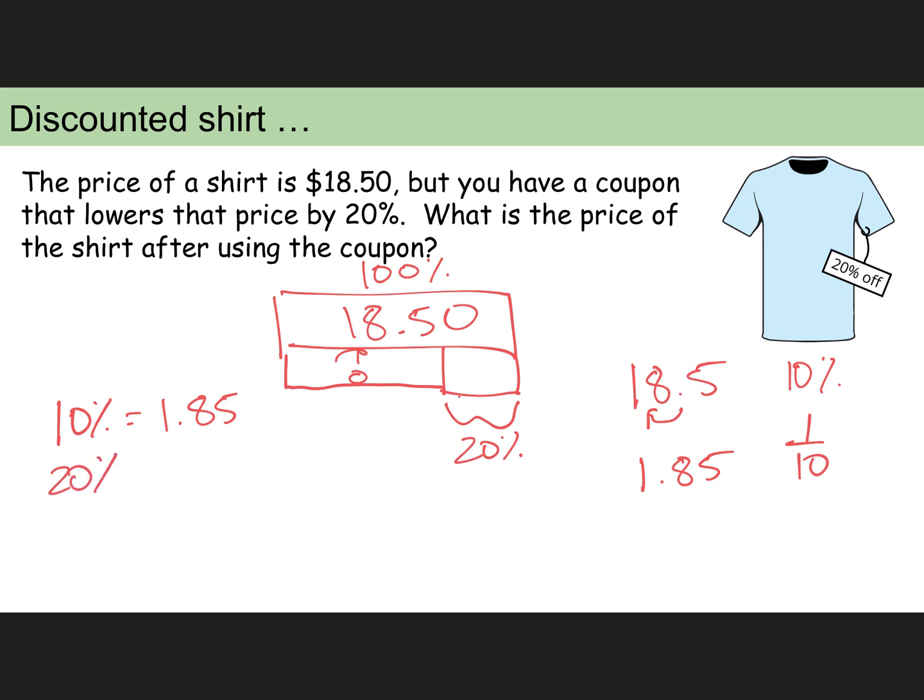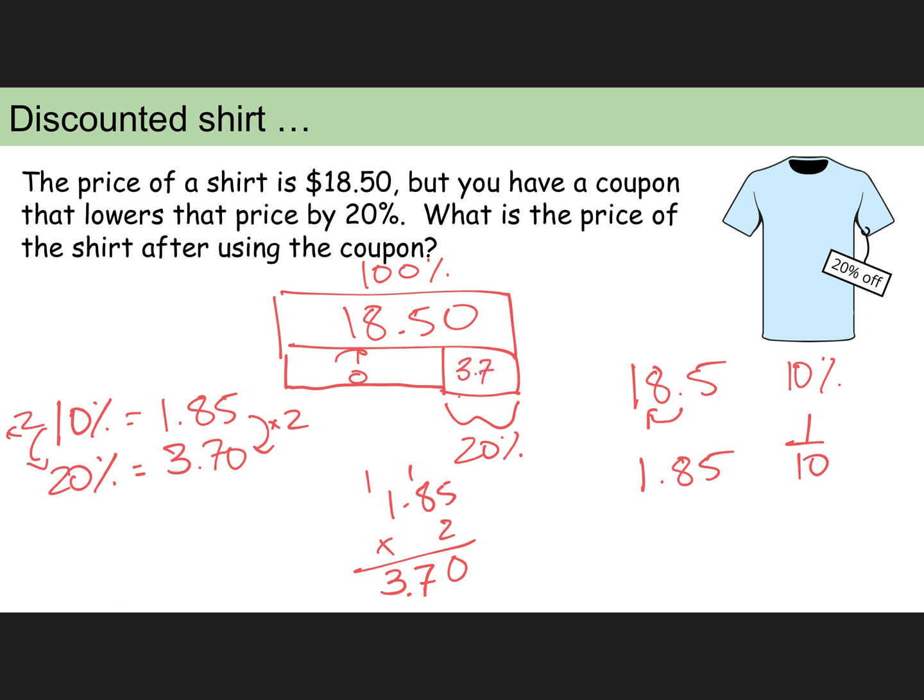So 20% would then be just double that, 1.85 times 2. 2 times 5 is 10. 2 times 8 is 16, plus 1 is 17. 2 times 1 is 2, plus 1 is 3. 3.7. If you remember, we're using the same numbers from last time. So it's $3.70. So now I know that the discount is $3.70.